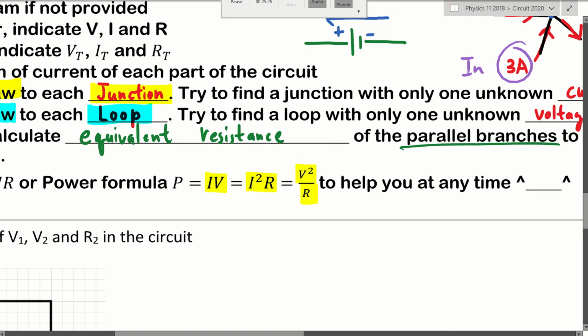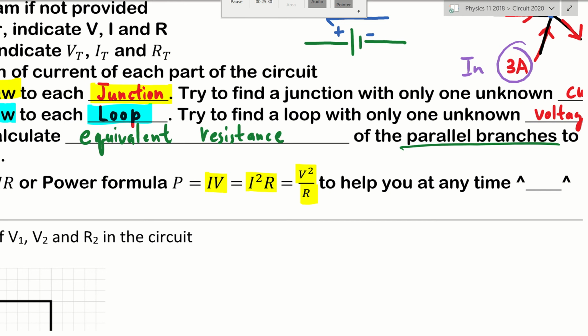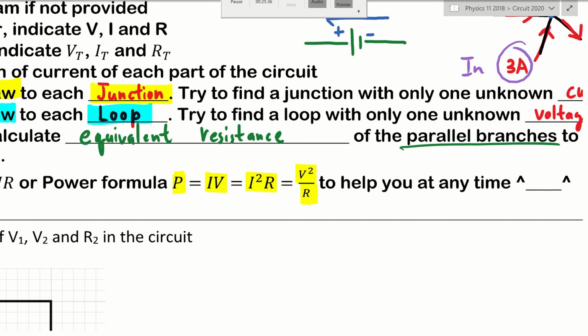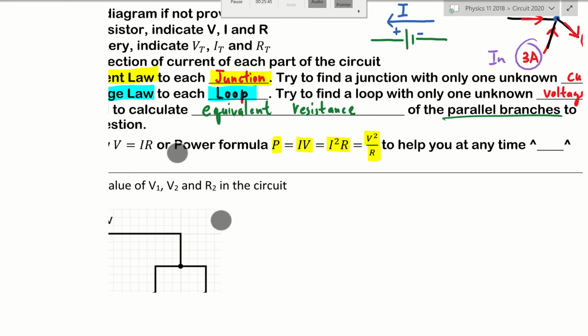You can only find power if you have 2 out of the 3 things from Ohm's law. So if the question is asking you for power, you have to solve for voltage and current at the location first before you can actually find the power.